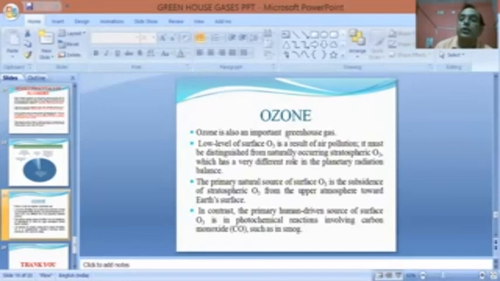This ozone is added into the atmosphere, and it is also trapping more and more heat and reflecting back that thermal radiation towards the earth, causing increased heating of the planet Earth. The primary human-driven source of surface O3 is photochemical reactions involving carbon monoxide, such as smog. We shall deal with photochemical smog in our later classes.